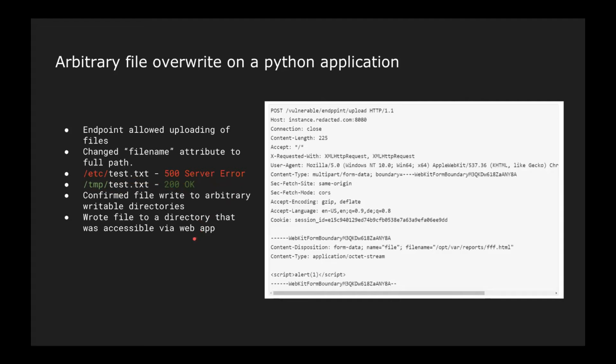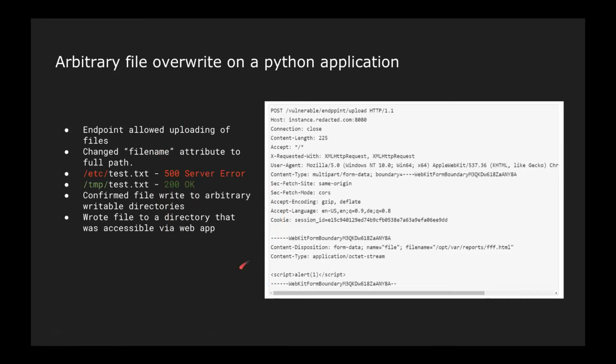Having that in mind, I started going farther with this. This was an enterprise application, and I had no idea of the directory structure, like where the Python application is running. There was a special route, /static, and it served files from /home/app/static.